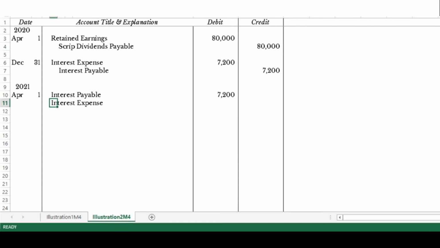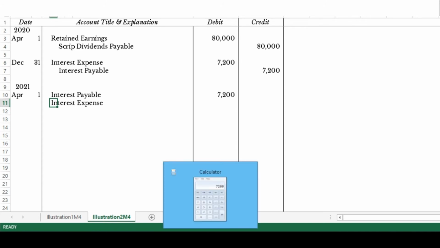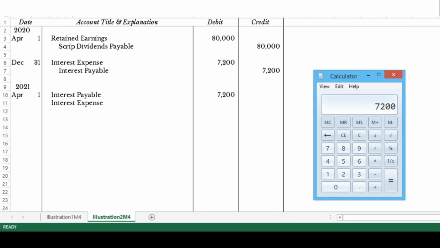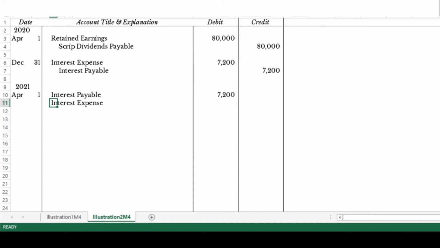Siyempre, may in-incur siya ulit na interest from that time. So that would be, again, 80,000 times 12%. Then, ilang months yun from December to April 1. So, that would be January, February, March. So, 3 months lang. So, times 3 over 12. So, that would be 2,400 pesos.